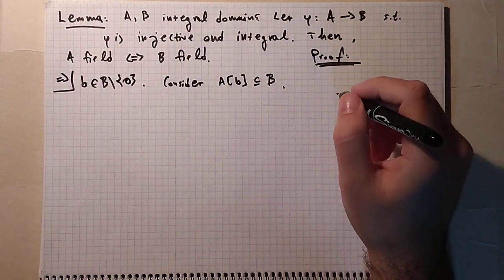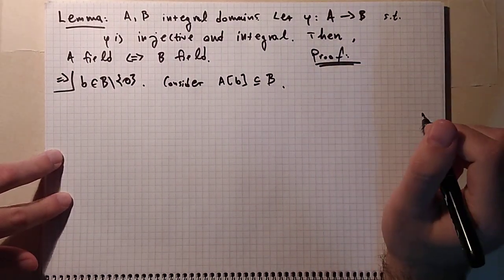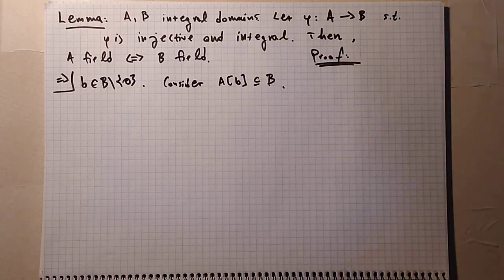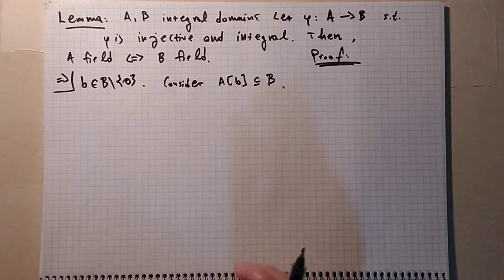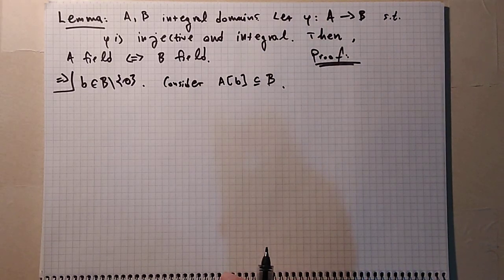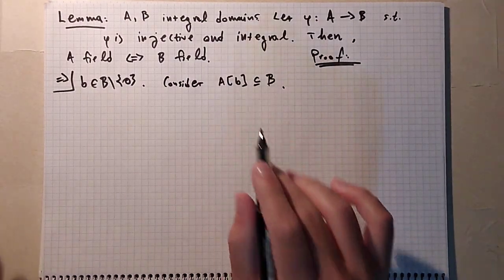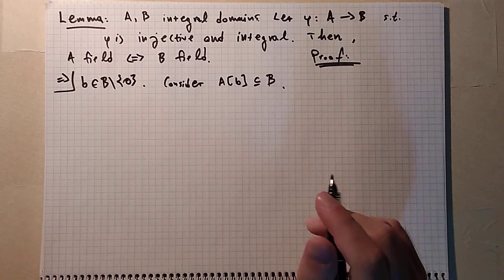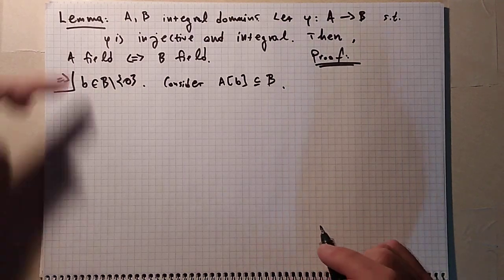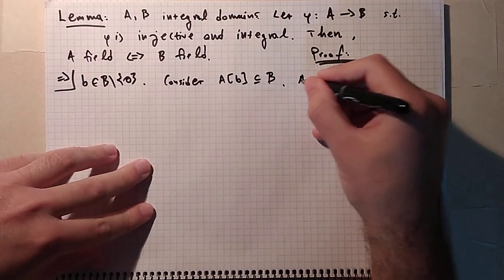So the idea is that we're going to use a little bit of linear algebra, which means that I first have to use my assumption that A is a field. And how am I going to use that? Well, I'm just going to observe that this A-subalgebra is in fact an A-vector space. It's a vector space over the field A, right?